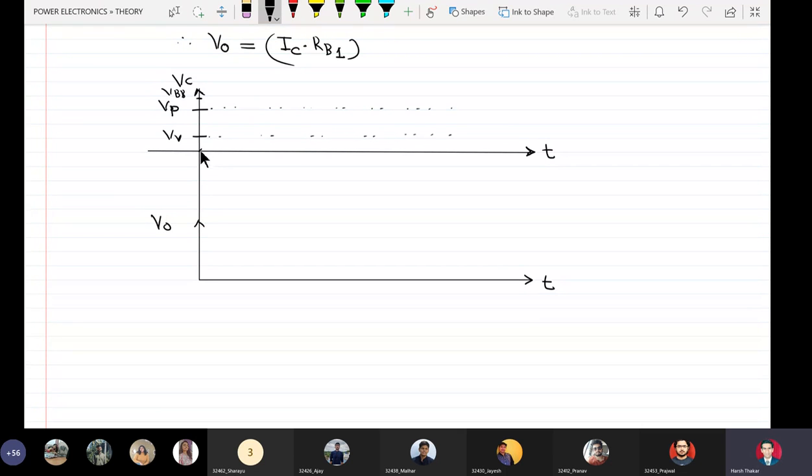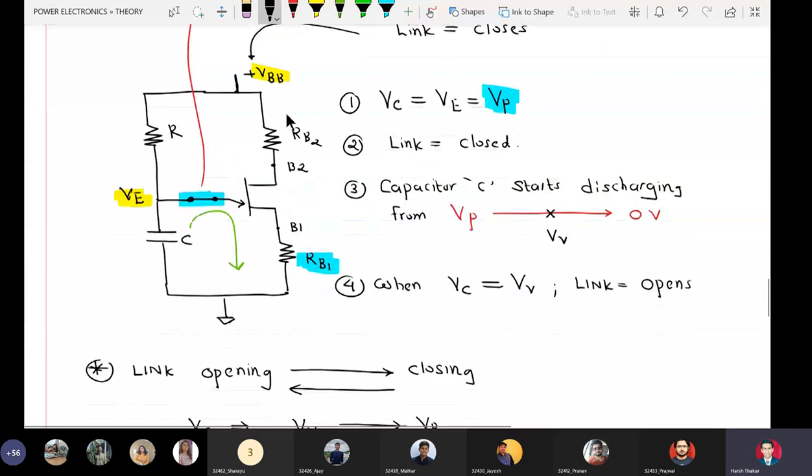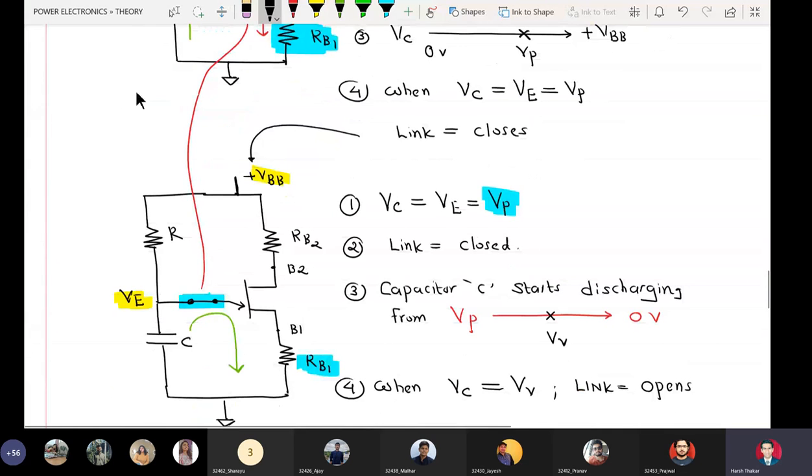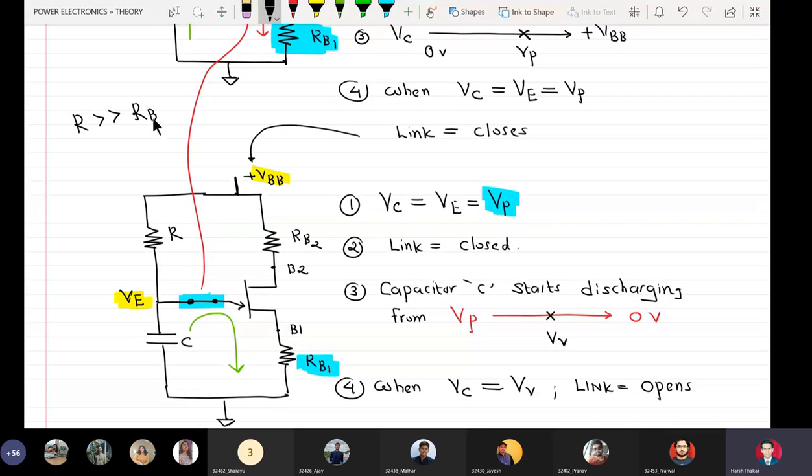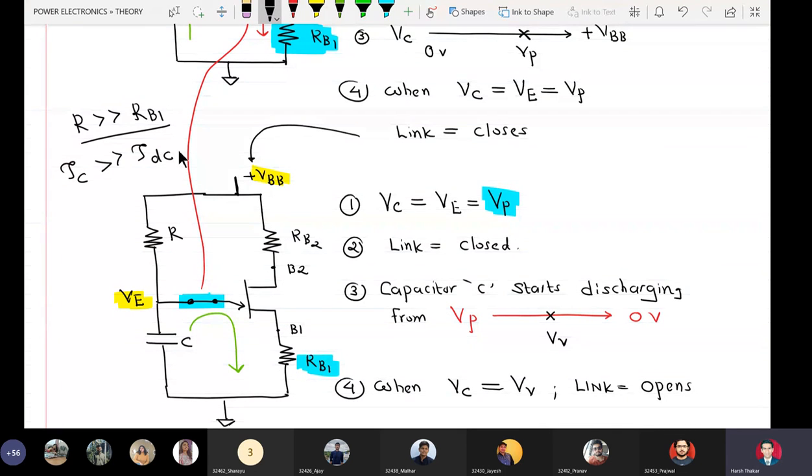The capacitor will start charging like this as per the time constant, and as soon as it reaches here, the link closes and it starts discharging. Understand, students, one thing: the value of R is much greater than the value of RB1, because of which the charging time constant will be much greater than the discharging time constant.